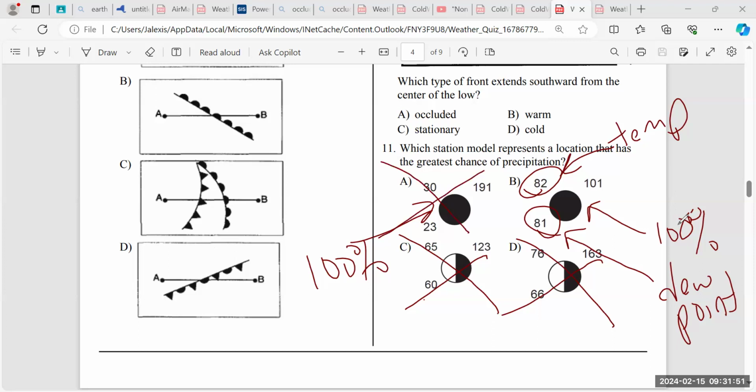However, the difference at B is only 1 apart. 81 to 82 is much closer than 23 to 30. That's why the correct answer is choice B, because it's 100% cloudy, and the air temperature is very close to the dew point temperature. All right, just keep in mind the dew point can never be higher than the air temperature.